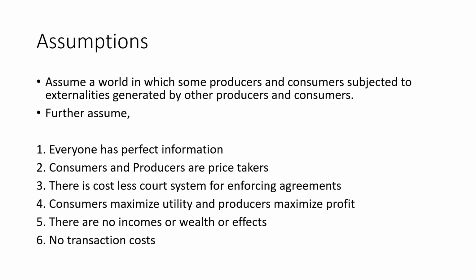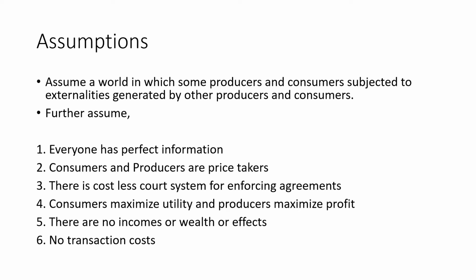That means some sort of a perfect competition working, and there is a costless court system for enforcing agreements. That means that you need not incur some legal cost if you are going for a court-based system. Then consumers maximize their utility and all producers maximize their profit, and there is no excess income or wealth effects.